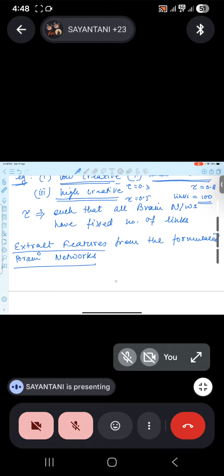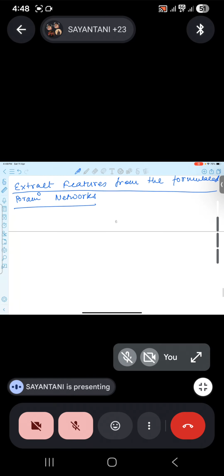Now the question is, fine, the brain networks are built on the adjacency matrix. We know which node is connected to which node. Why do we need to again extract separate features for it?